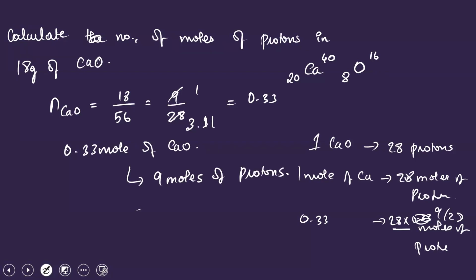Clear? Is that clear? See, in 1 calcium oxide I have 28 protons. In 1 mole of calcium oxide I will have 28 into 6.023 times 10 power 23 protons. But I am asking for moles. Correct? I am asking the question differently. In 1 chocolate box I will have how many chocolates? 10 chocolates, as seen before. So in 1 chocolate box how many chocolates did I say? 10.